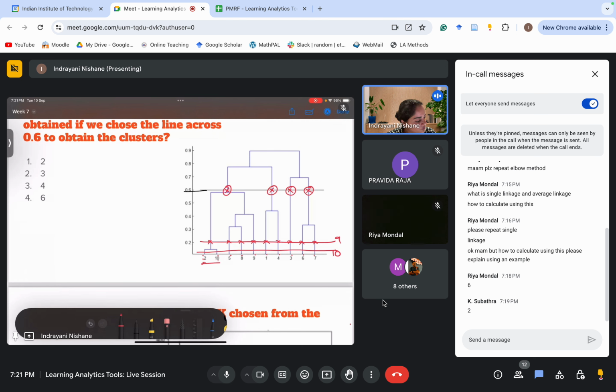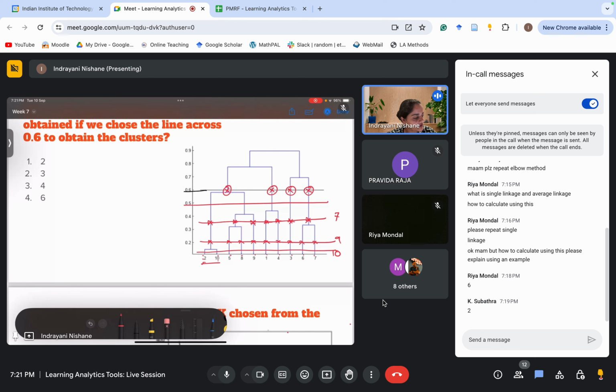Now we consider this point. Here this is one cluster, this is one cluster, a combination of 5 and 8 together. 9 is a single point cluster, then 1 is a single point, 4 is a single point, 3 is a single point, and 6 and 7 combined together. So 1, 2, 3, 4, 5, 6, 7 clusters.